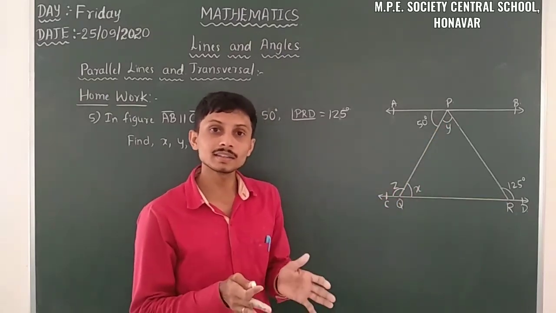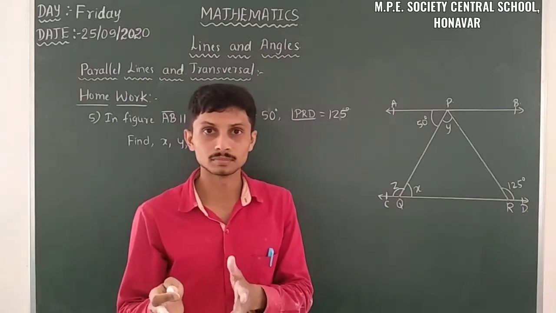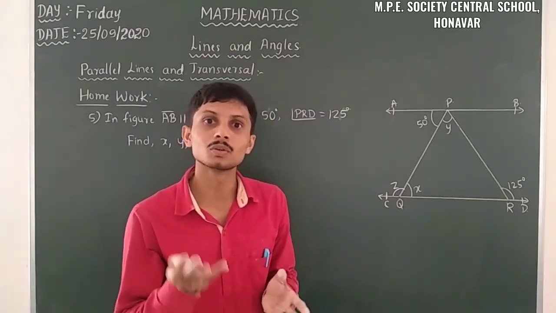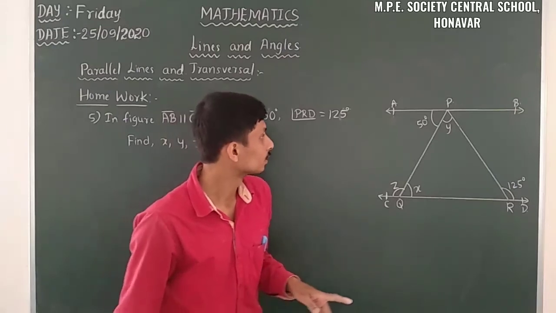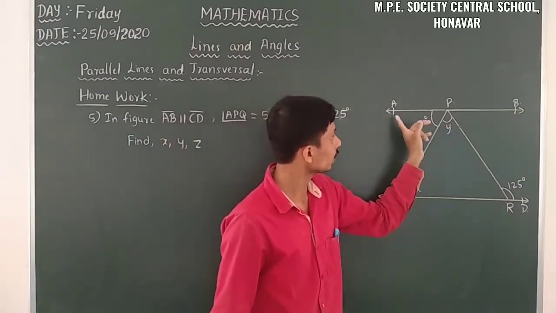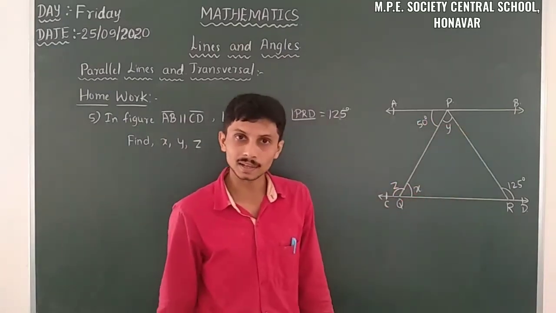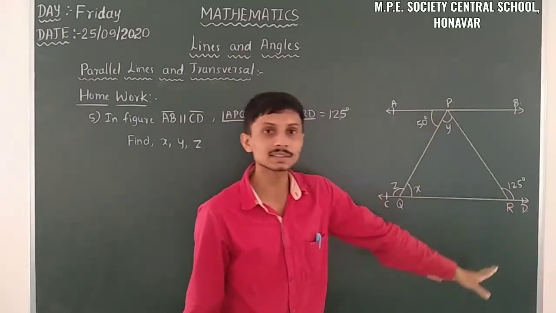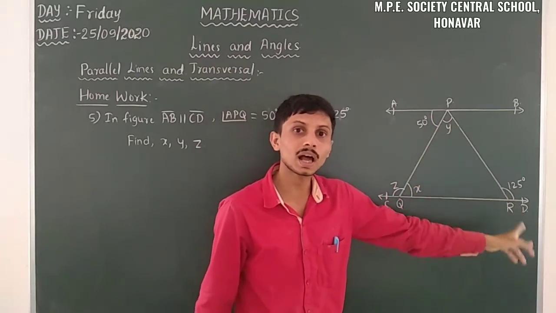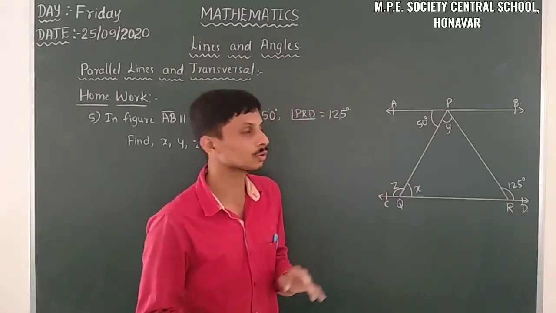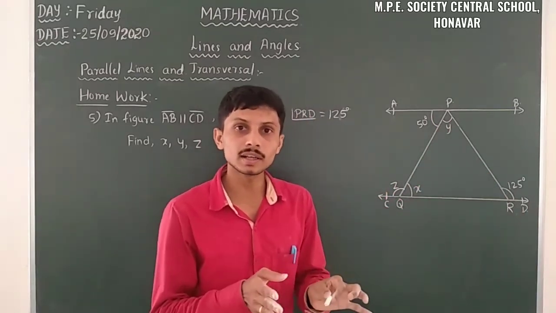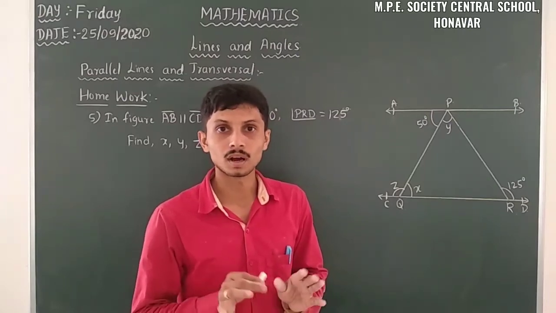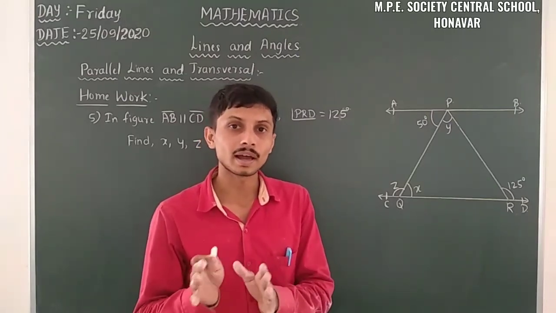Then alternate interior angles are equal. Then you have to find the value of x. Then here, when we consider AB and CD as parallel lines and PR as a transversal, here also the alternate interior angles are equal.